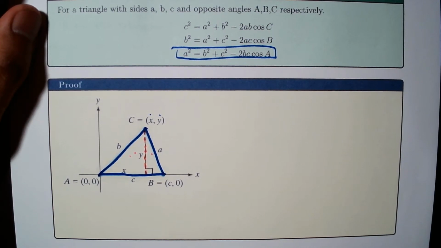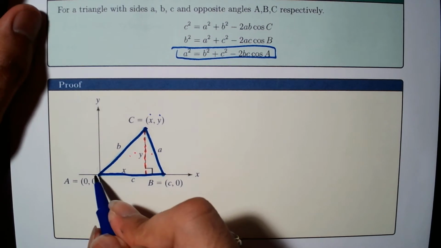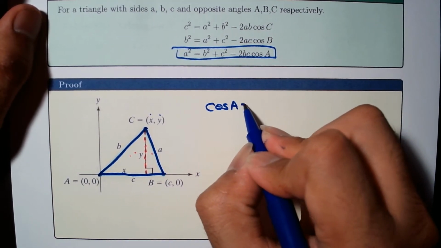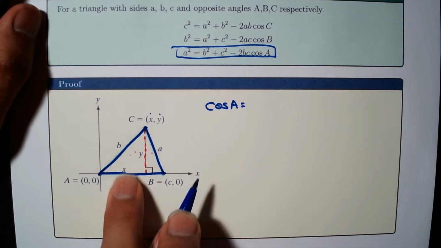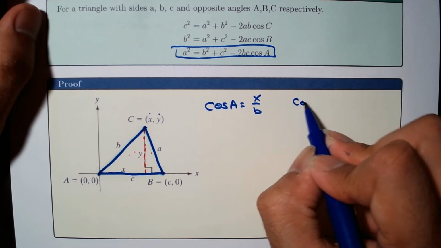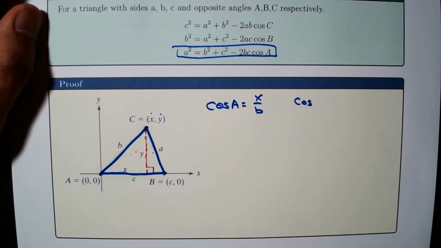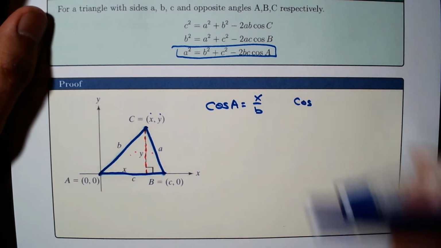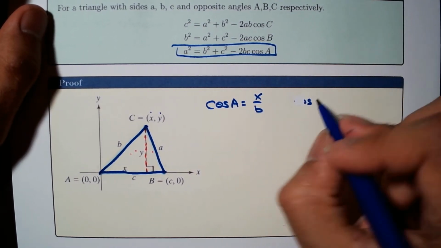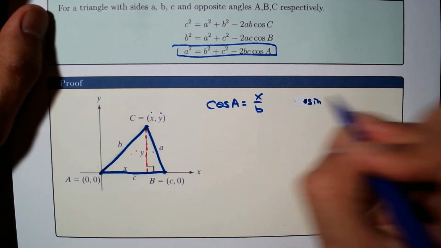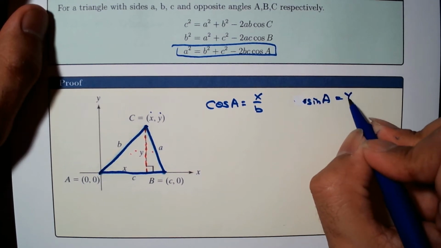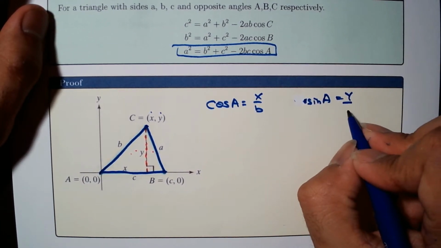So let me locate the angle A. So cosine of angle A will be adjacent over hypotenuse, which is x over b, and actually I need sine in this case, not cosine. So sine of angle A is y over b.